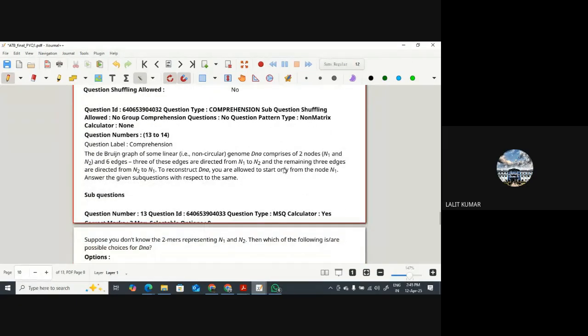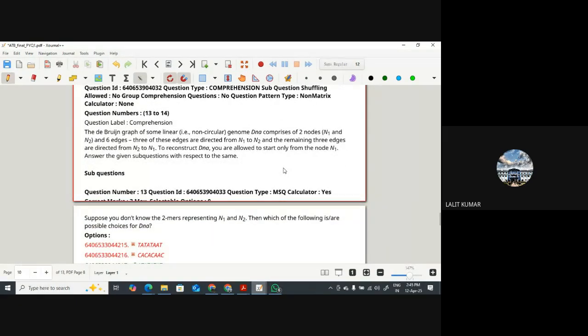Now we go to the next question. The de Bruijn graph of some linear circular genome DNA comprises two nodes N1 and N2 and 6 edges. 3 of them are directed from N1 to N2 and 3 from N2 to N1. To reconstruct the DNA, you are allowed to start only from the node N1.